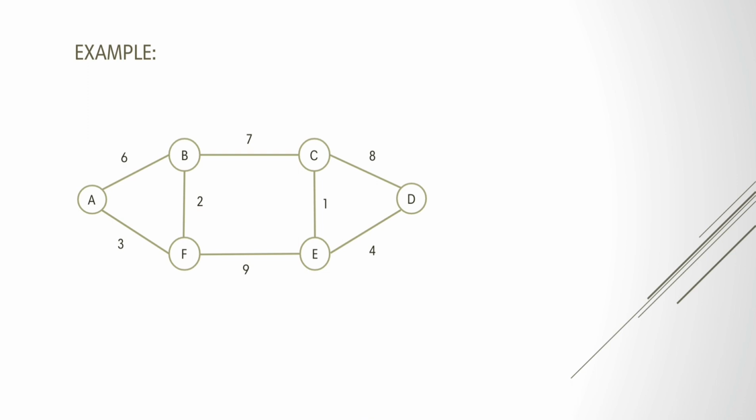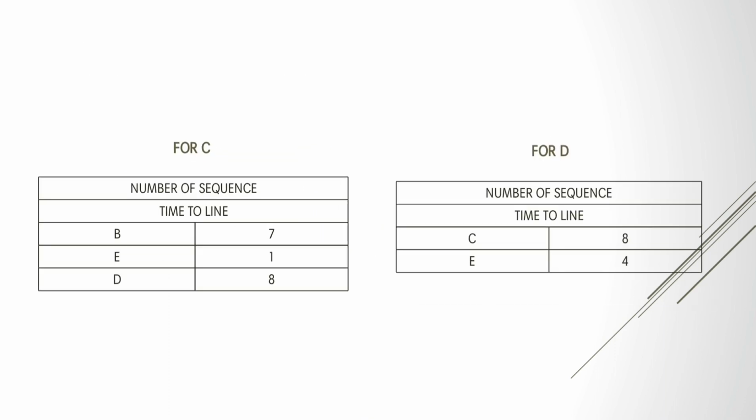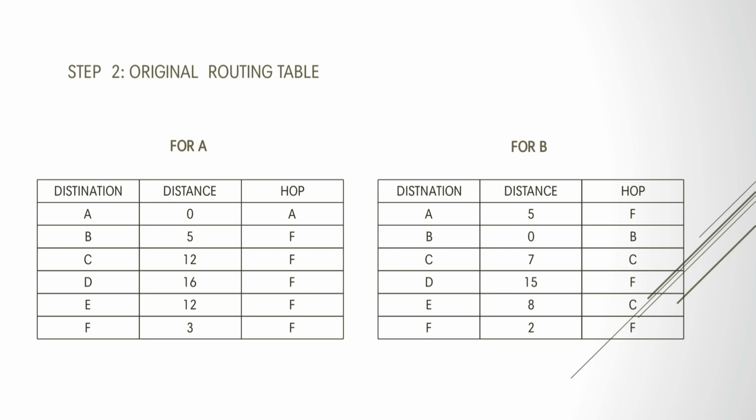From A to B through F, the distance is 5. So let us consider the minimum, that's 3 plus 2, 5, which is less than 6. So we will choose the path through F. Now the table is here. For A, the destination B is 5, through F.